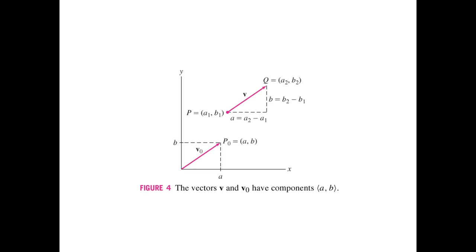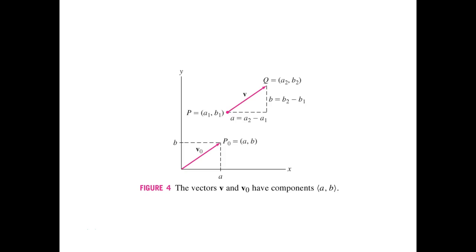Initial point P at A1 B1, so the x component, y component. This would be A1 right here. This is B1 right there. And here we have point Q, which is the terminal point, A2 B2, where A2 would be here, B2 would be up here.